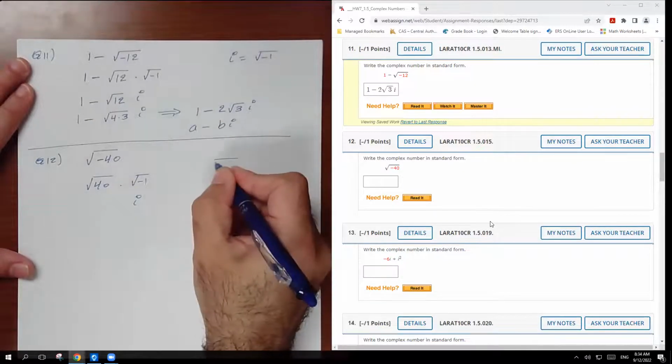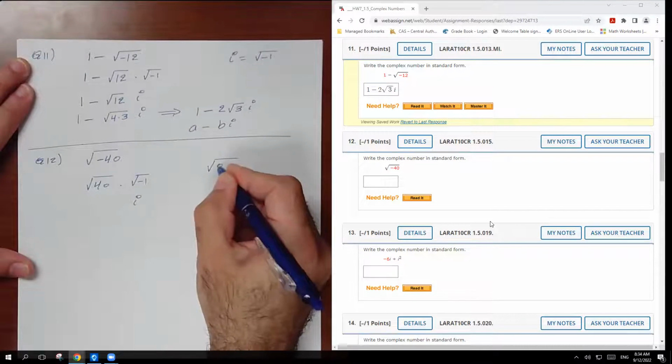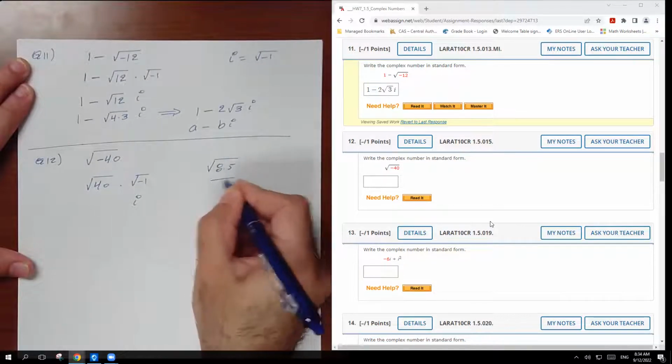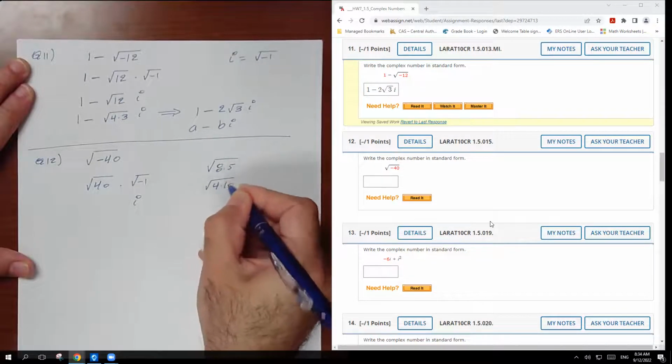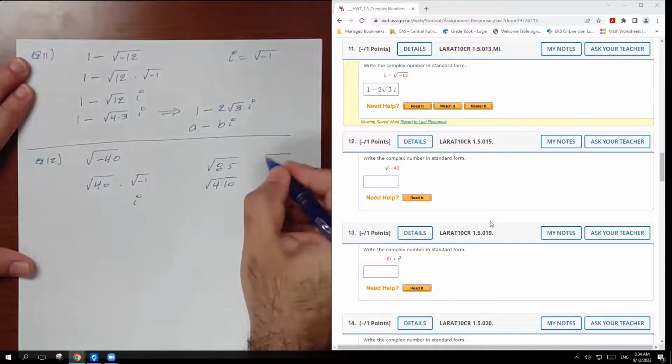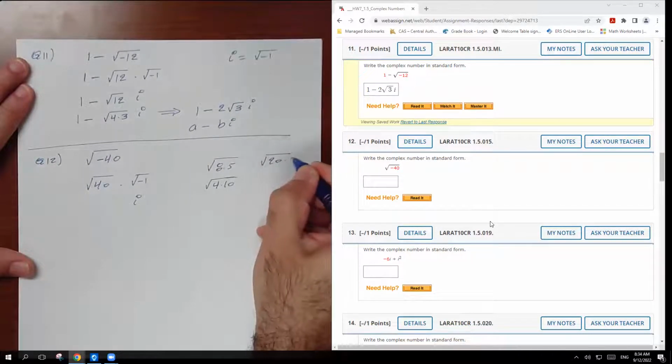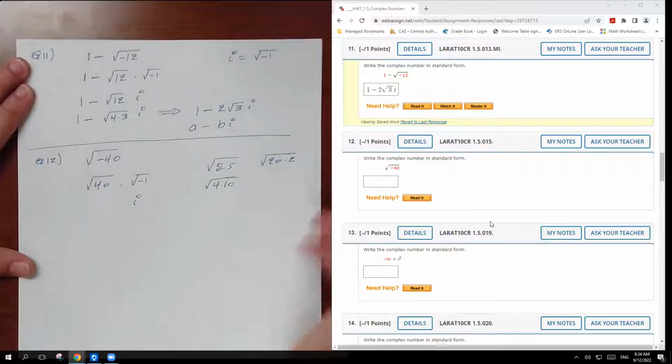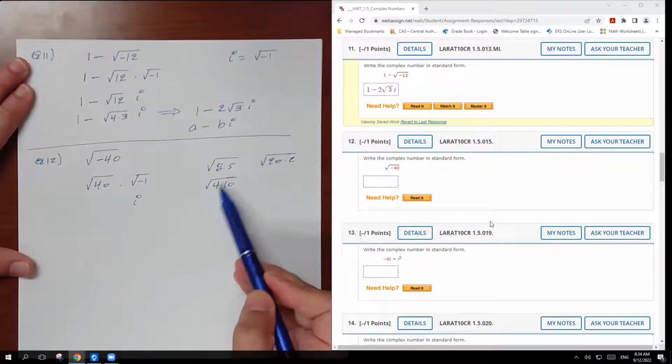You can say 40 is the square root of 8 times 5, or the square root of 4 times 10, or 20 times 2, also 40. And you need to find the root. We can't use this one. We can't use this one.